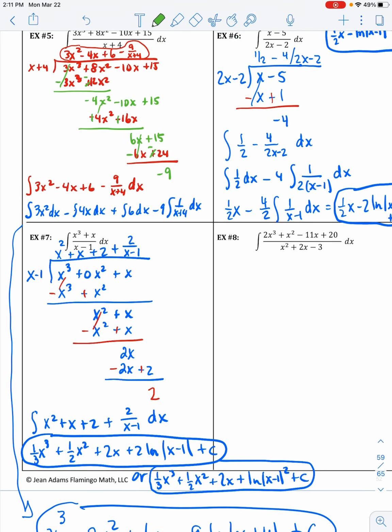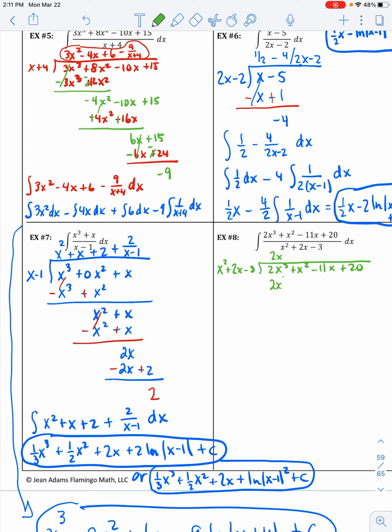Okay, I'm going to switch colors again. I'm going to do green this time. Degree of the numerator is greater than the degree of the denominator, so we're going to do long division. What times x squared is 2x cubed?